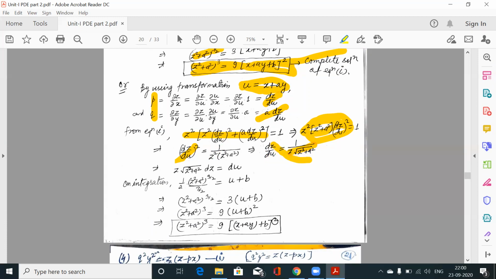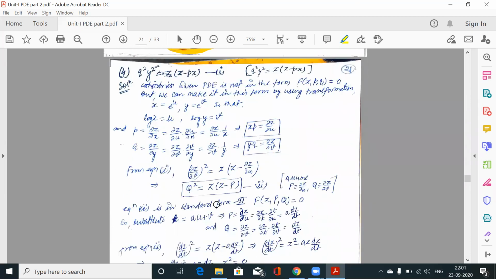By cross multiplication, this and this are separate, so you can apply the separation method. Integrate du to get u plus b, and back substitute the value of u, x plus ay. So this is also an answer, and if you observe, you are getting the same answer. Otherwise, if you use ax plus y, you will get ax plus y. There is no problem; that answer is also correct.